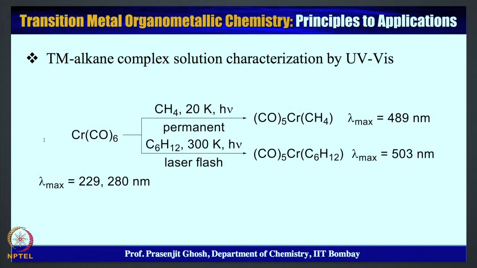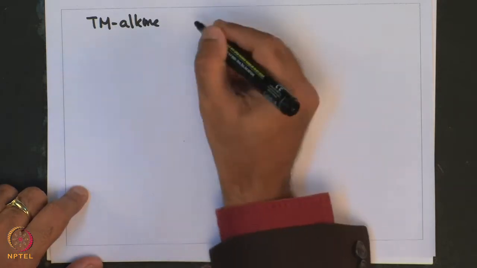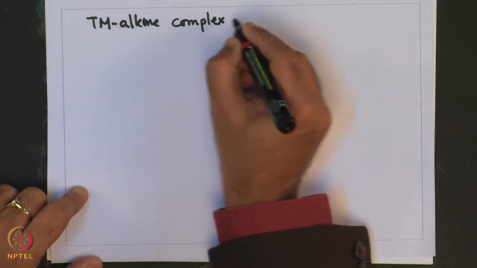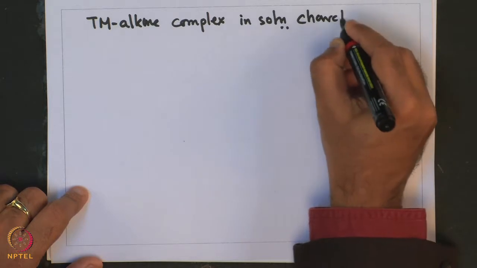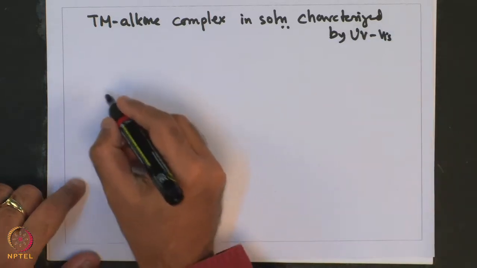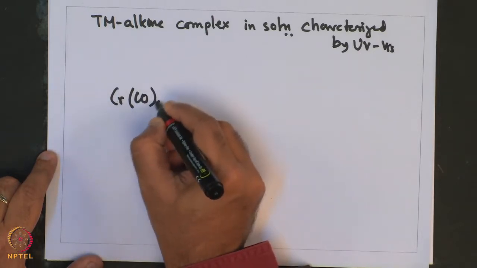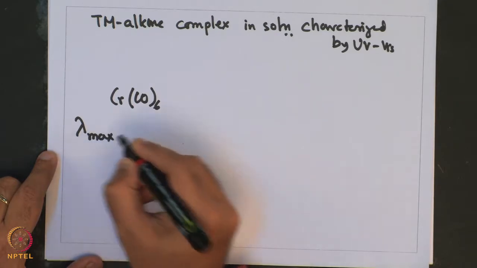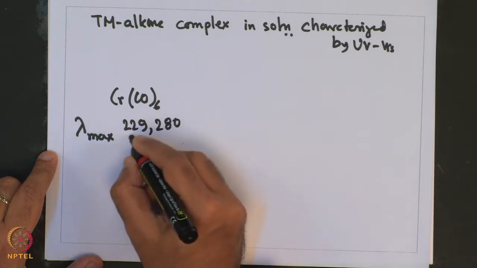The alkane binding in solution has been characterized by UV visible spectroscopy, for example, chromium hexacarbonyl, which shows lambda max at 229 and 280 nanometer.